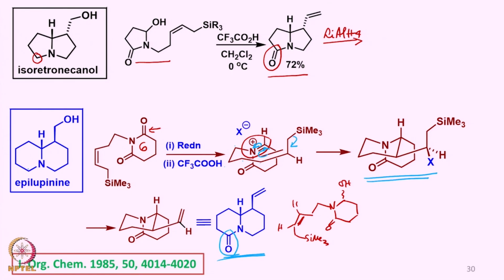So you have this intermediate which undergoes cyclization from the lower part, and therefore the hydrogen comes on the top, and therefore the stereochemistry can be easily understood, that we have the product with the desired stereochemistry.